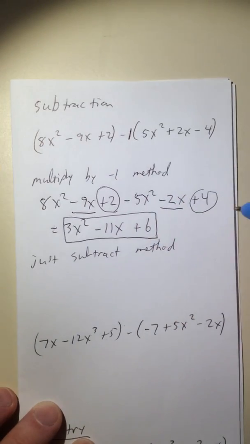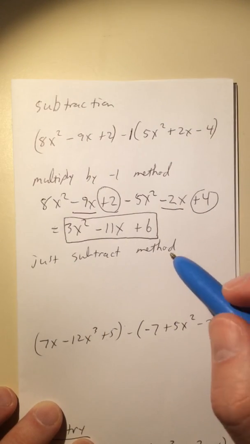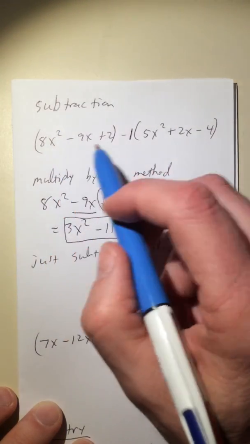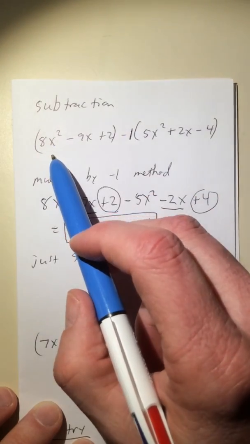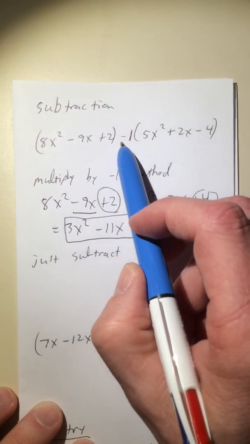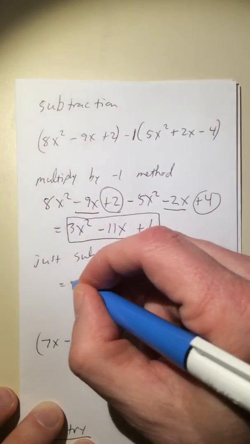And again, those of you who maybe get a little confused with signs, this may be a useful way to go. There's also the just plain subtract method, just as it is. So we can go straight across, ignoring the negative 1 there, but there's still a minus, so we just look for the like terms. So 8x squared minus 5x squared, 8 minus 5 is 3. So that's 3x squared.